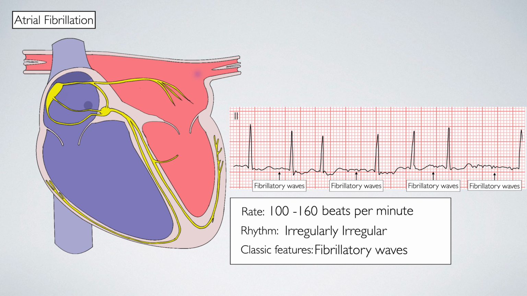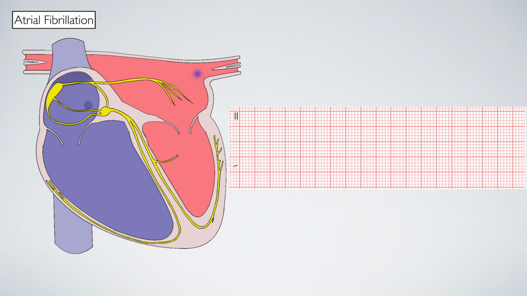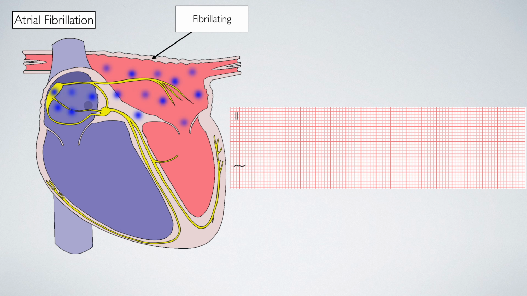There are various pathological mechanisms that can trigger atrial fibrillation. One mechanism involves rapid discharges of impulses around the pulmonary veins. This produces a cascade of random meandering wavelets. These randomly excite areas of the atrial myocardium, and rather than having coordinated atrial contraction, the atrial muscle fibrillates.